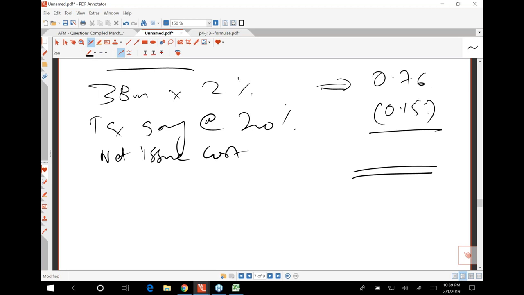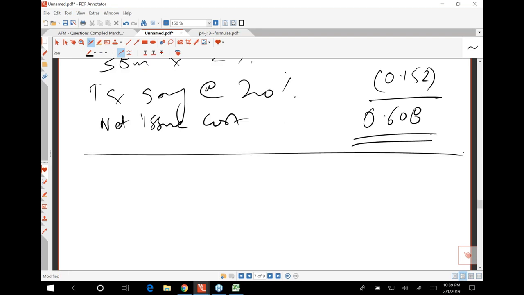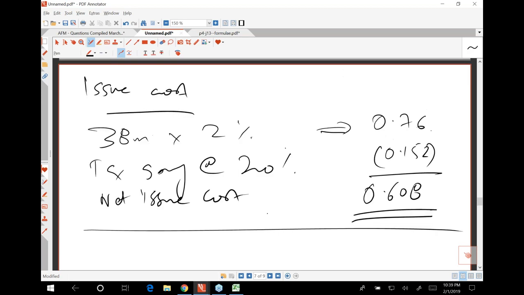And what is the net amount? 0.608. Okay, now what else is there? So this is the issue cost.